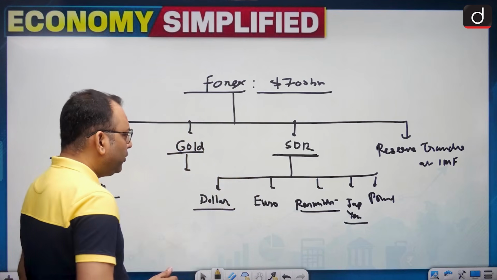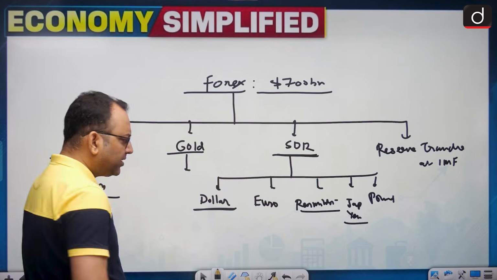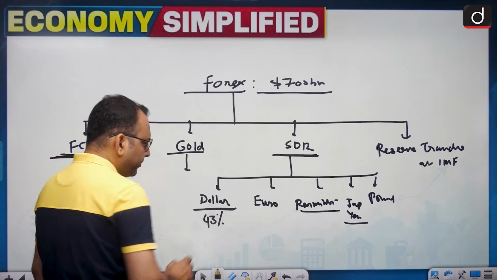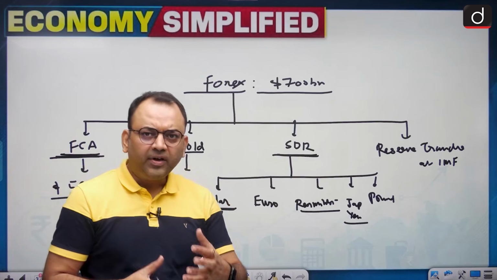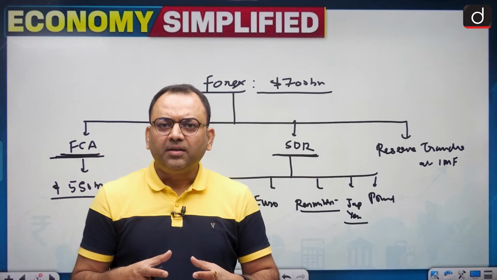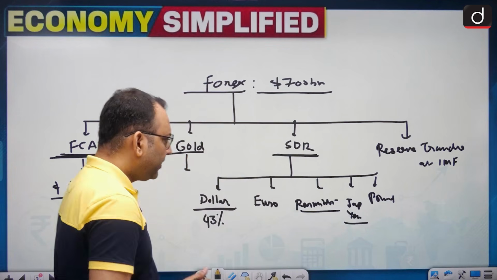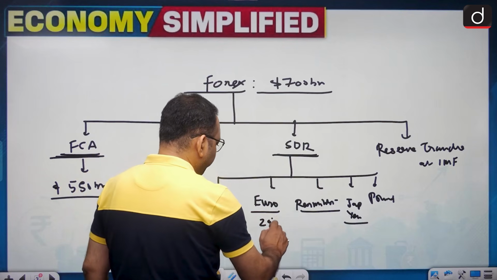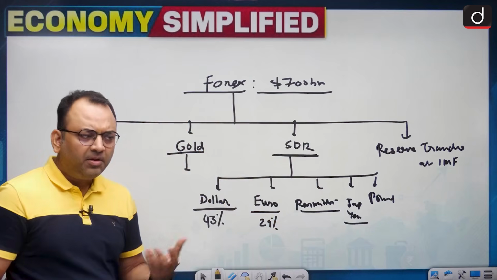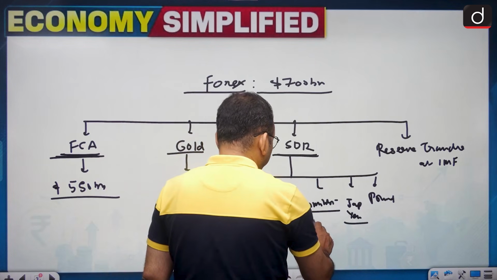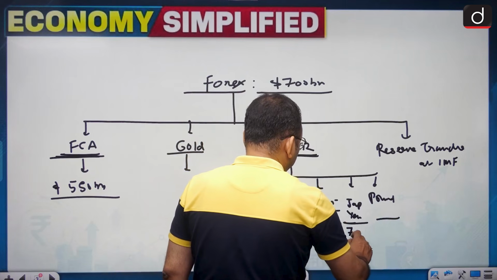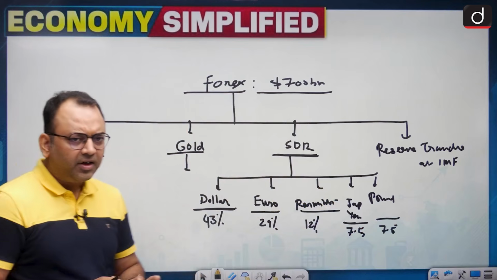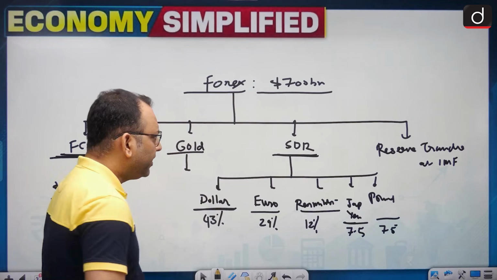The dollar's weightage in the valuation of one SDR is nearly 43%. The euro has a weightage of nearly 29%, the Chinese renminbi nearly 12%, and the yen and pound about 7.5% each. So these are the weightages of the five currencies based on which we have the value of the SDR.